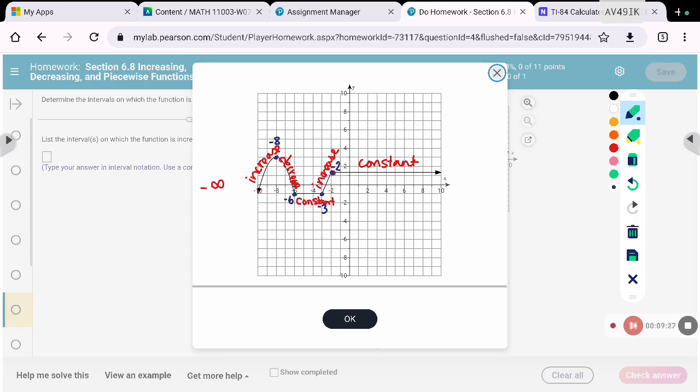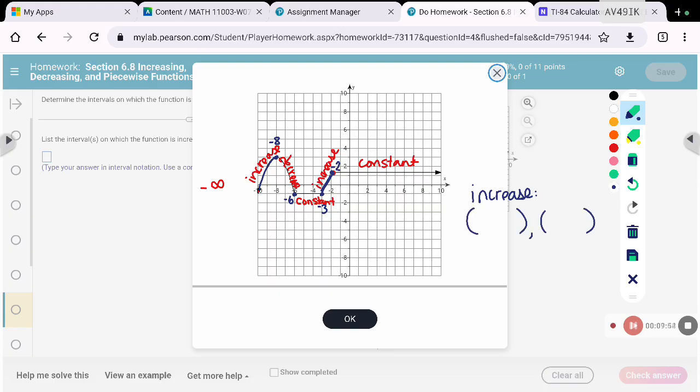So let's look at the different intervals. We'll talk about the increasing intervals first. I noticed that there are two increases here: an increase until I get to that point, and then another increase starts. So let's name those intervals, of which there are two.